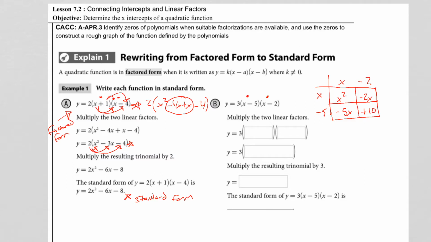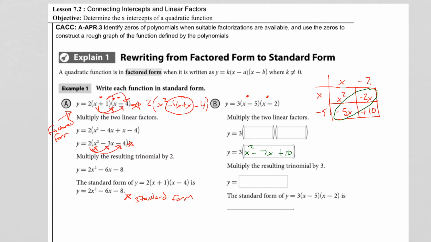Now the nice part of the grid method is the diagonal terms are always the ones that can combine. So a negative 5x and a negative 2x, you're going to get negative 7x. And then you're left with x squared plus 10. And that's all the terms there.